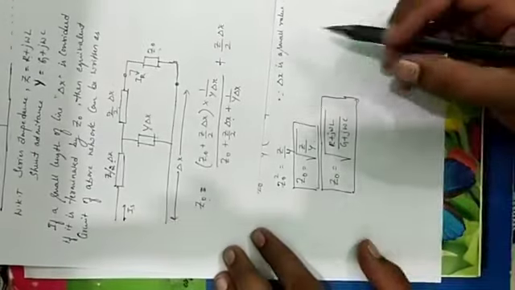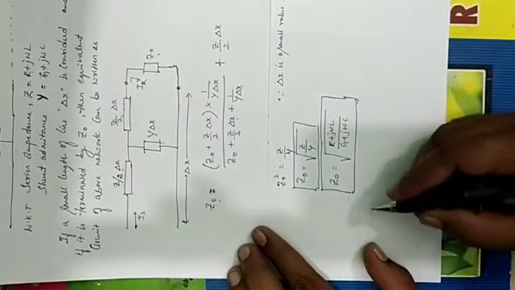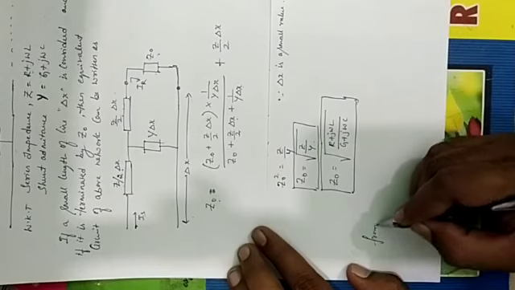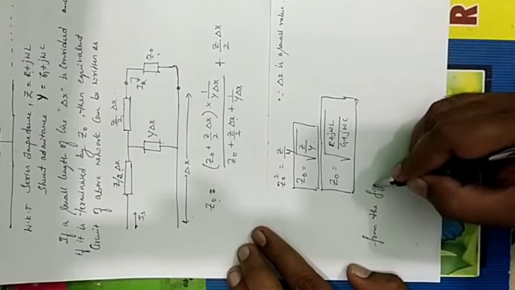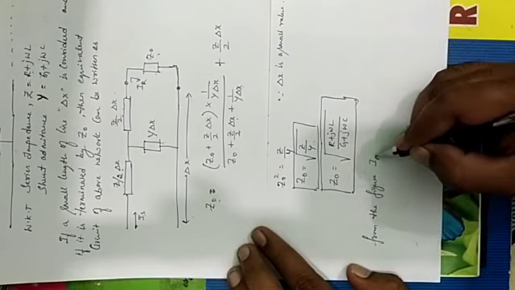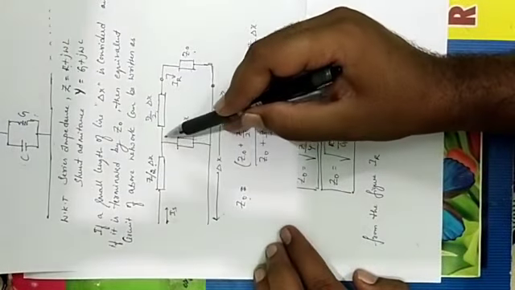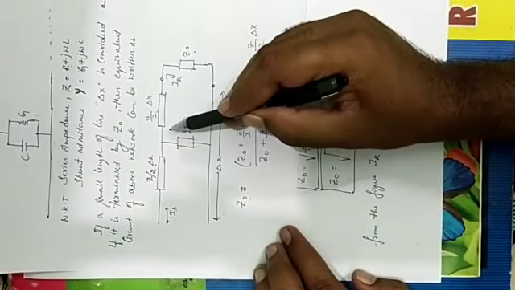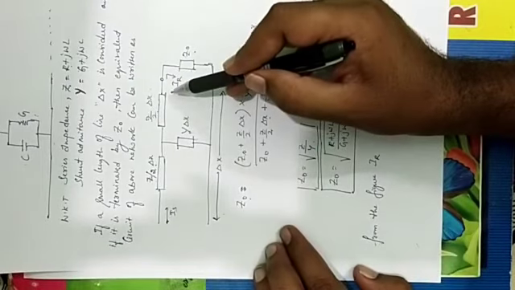From the figure, here you can see, the sending current IR, the current is entering into this branch as well as this branch, so that you have studied in network.